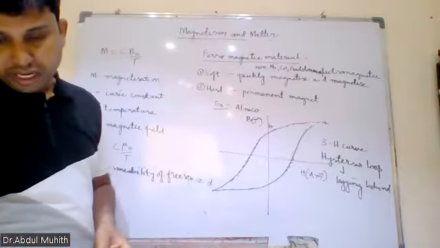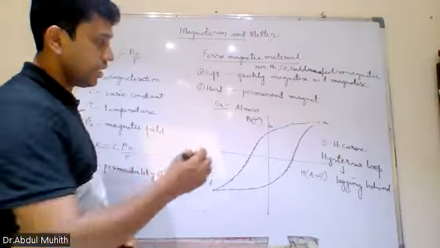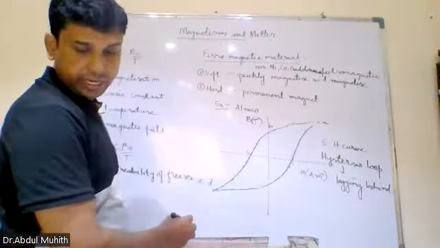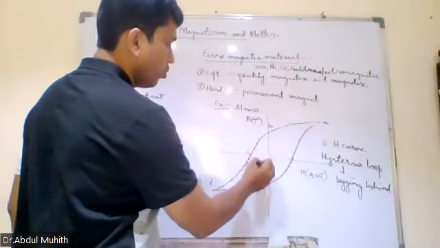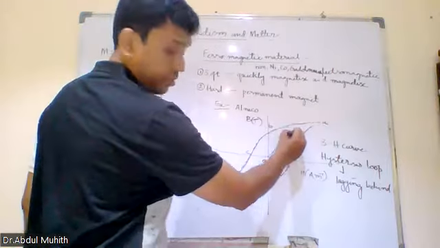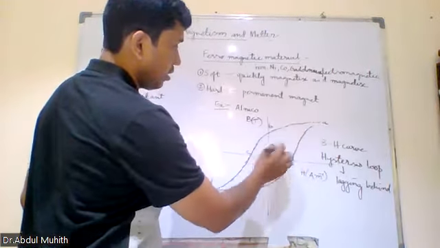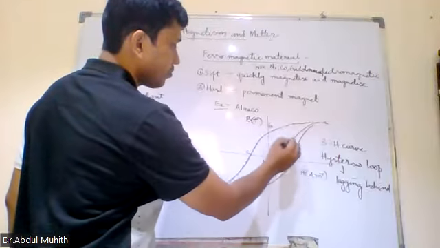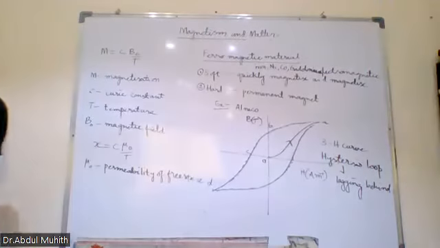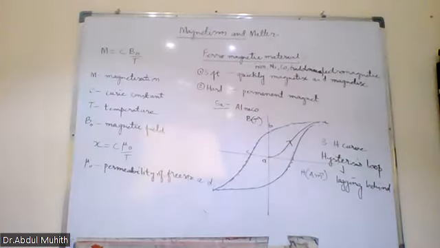Okay, so now I'm writing the letters here: A, B, C, D. Now this is O. So this is the line which tells about the magnetization. Is that clear?